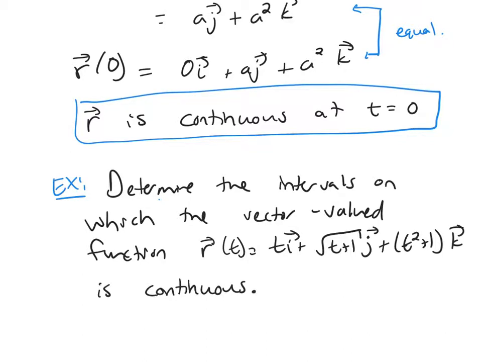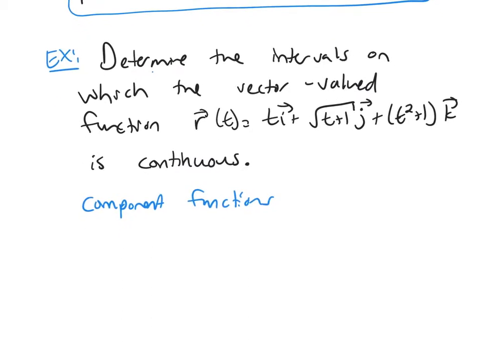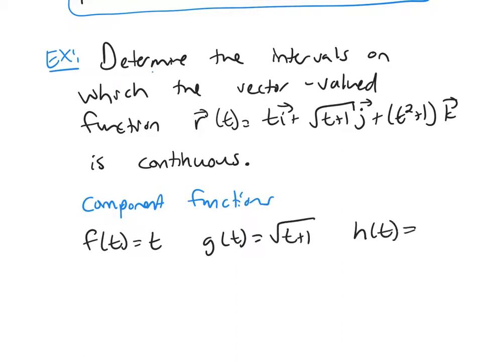So I want us to determine for which values of t this function is going to be continuous. In order to answer this question, we're going to look at the component functions. So what are our three component functions? f of t is t, g of t is the square root of t plus 1, and h of t is t squared plus 1.